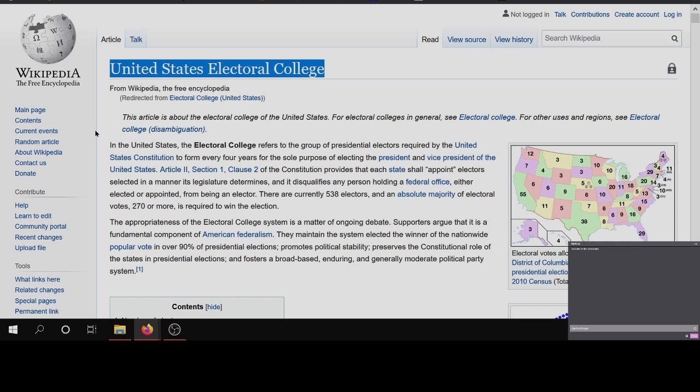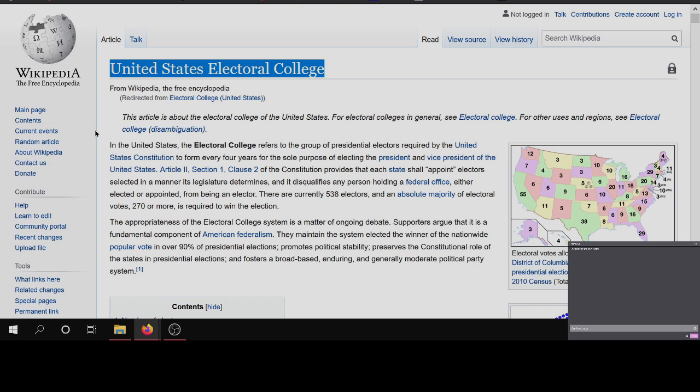The United States Electoral College was created, and this is just some background I know, around when the founding fathers were still around, and government was being established right after the Revolutionary War and the next few decades.